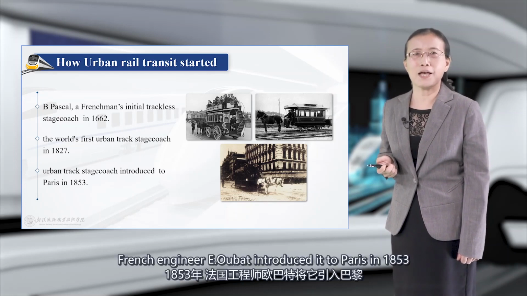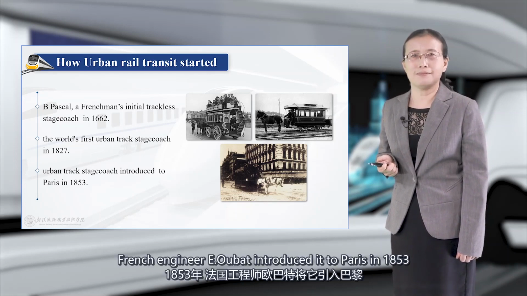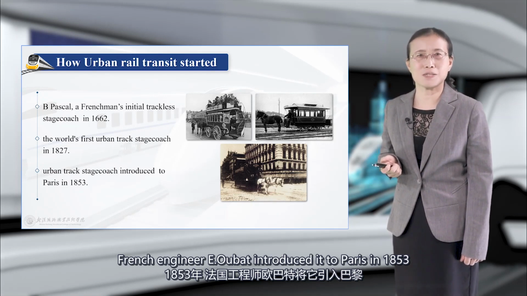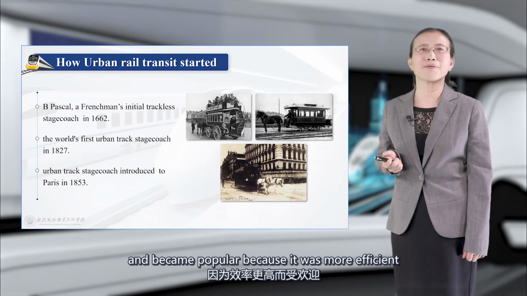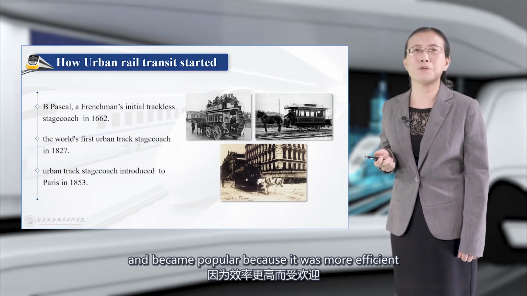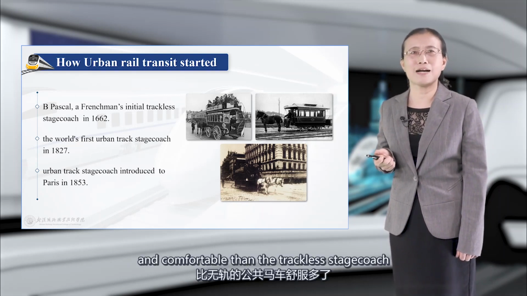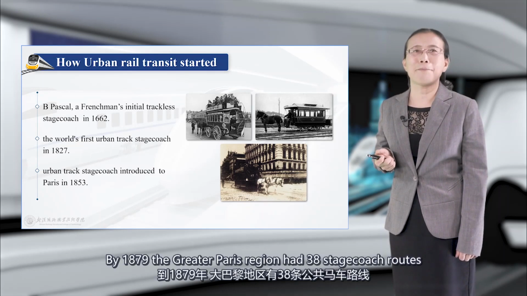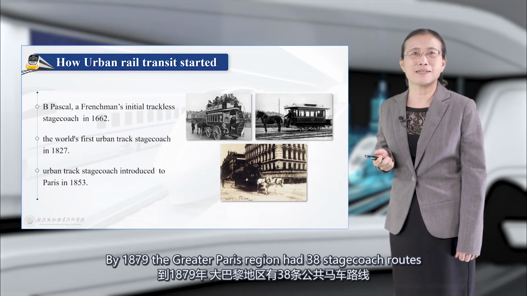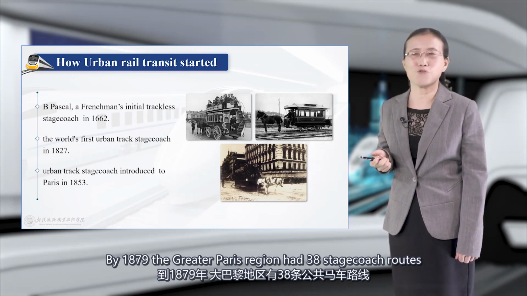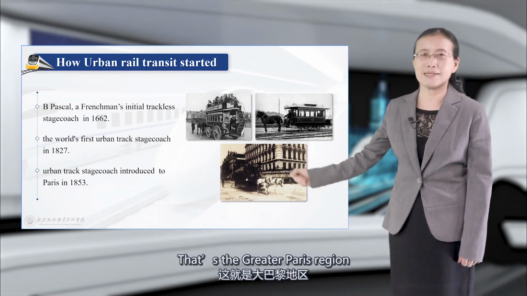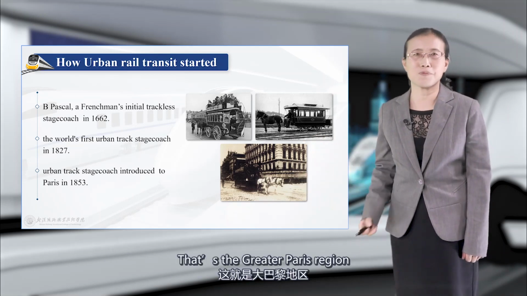French engineer E. Aubert introduced it to Paris in 1853, and it became popular because it was more efficient and comfortable than the trackless stagecoach. By 1879, the Greater Paris region had 38 stagecoach routes.